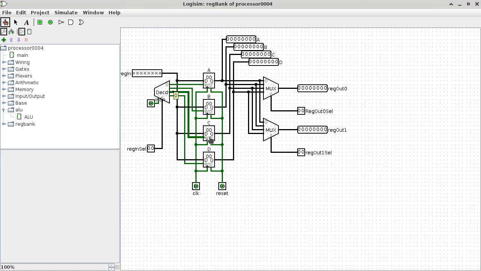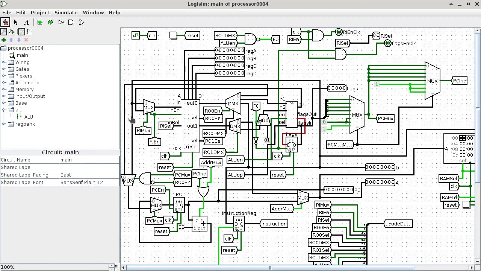So the easiest way to say that is to go back to main and you basically say when RIEN is a 1 and RI cell is a 10, that's the reason why I know register C in the register bank is going to be updated. Is that okay? That's all we have to say, because I want you to be able to associate which tunnel having which value is controlling which register so that it's going to be updated next. Is that okay? All right.